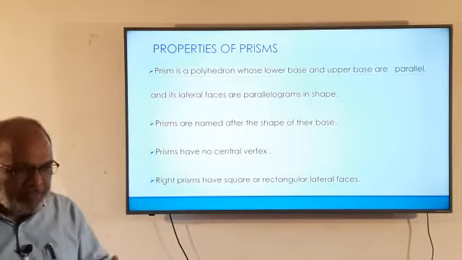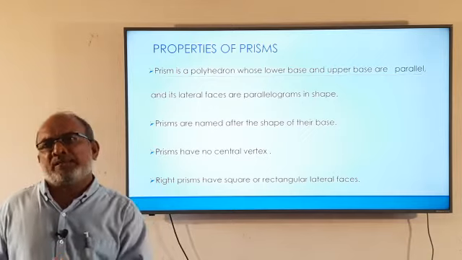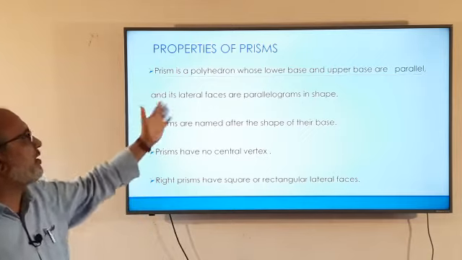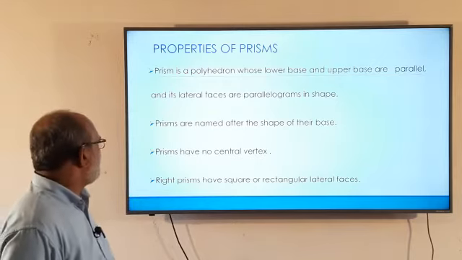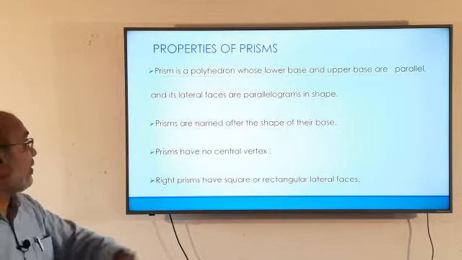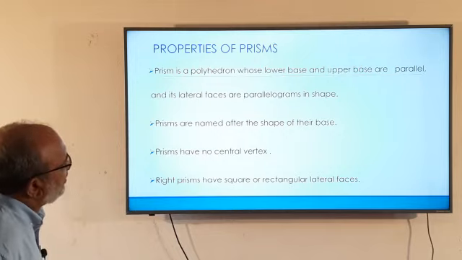For a right prism, the lateral faces will be either rectangles or squares, not rhombus or parallelogram, right? In general, it is written as parallelogram. Prisms are named after the shape of their bases, and prisms have no central vertex, a pyramid has, but prisms do not have. Right prisms have squares and rectangles as the lateral faces.